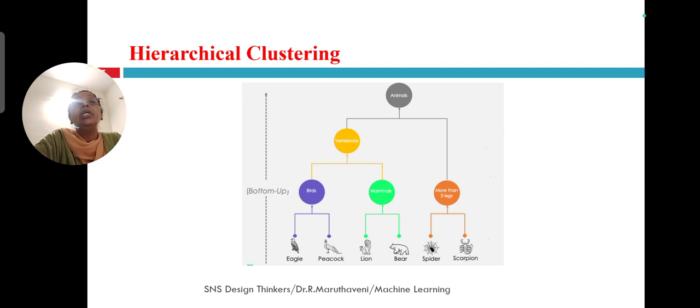But animals that are far apart on different branches are less alike, like distant cousins. So, hierarchical clustering helps us organize animals based on how much they are like each other. It's like putting them into a big family tree to see who's more closely related.